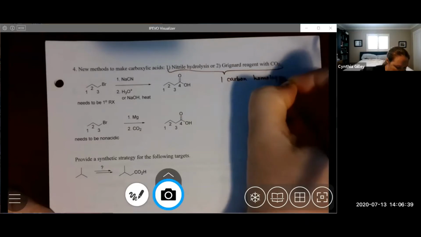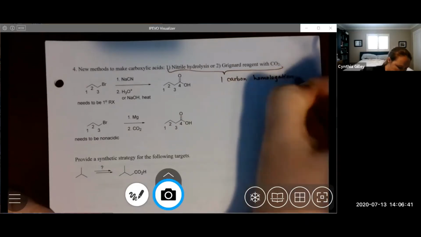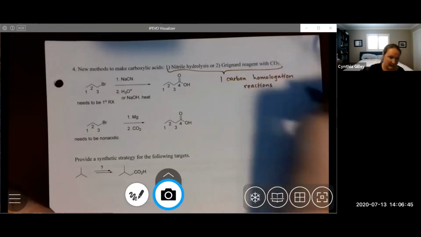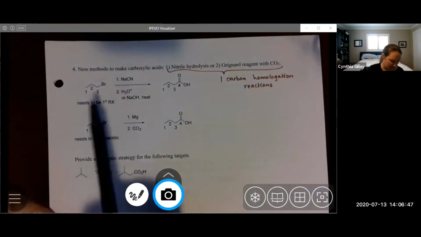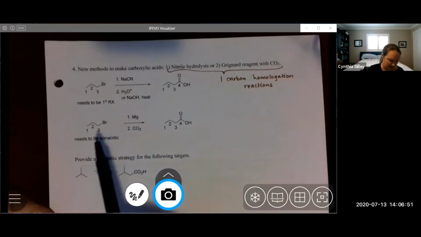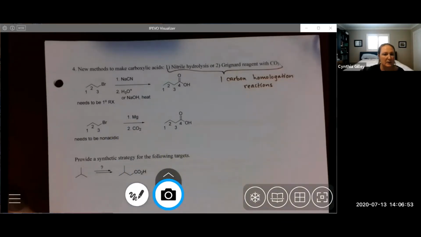Basically adding one carbon. So it's important to note that when you use these, if you start out with 3 carbons, you're going to get 4 carbons. And you can do that in each case. So you are extending the carbon backbone by using these reactions.